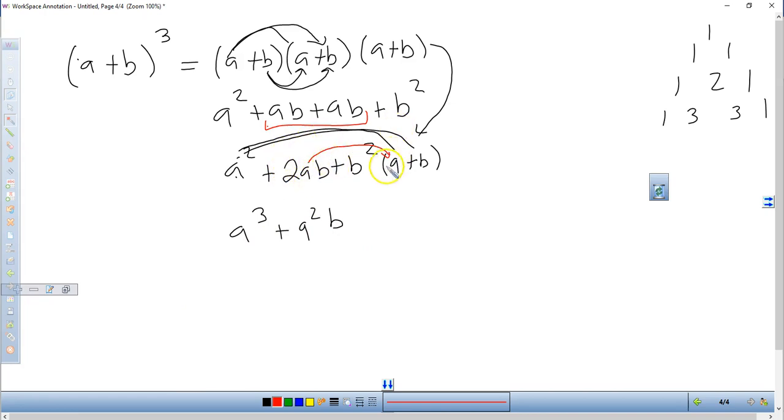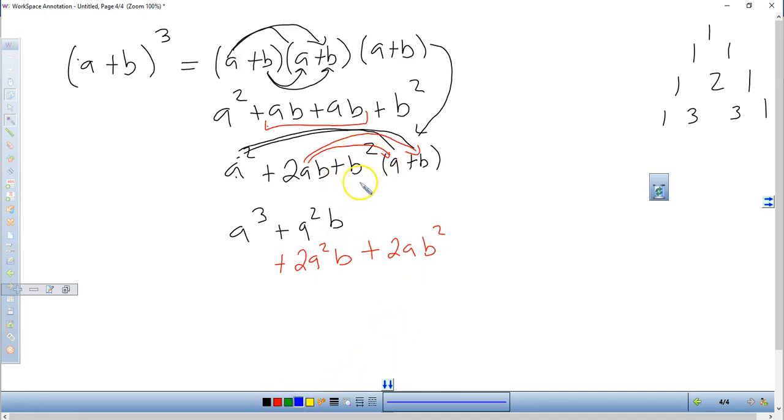So 2ab times a. That's 2a squared b, because a times a would be a squared, the b would be attached on the end, and the 2 in the front. 2ab multiplied by b. Well, the b's are going to multiply together and make b squared, and we're going to write everything else as a list, so 2ab squared.